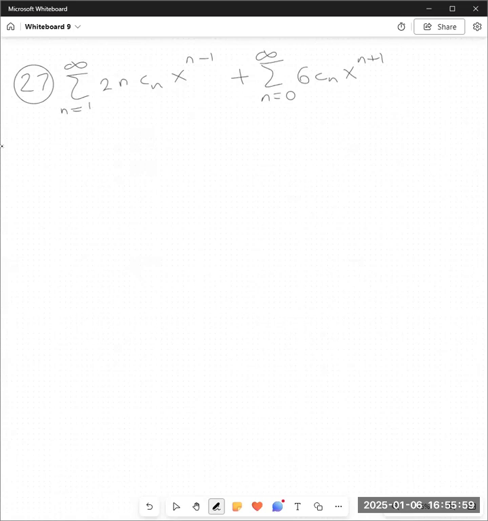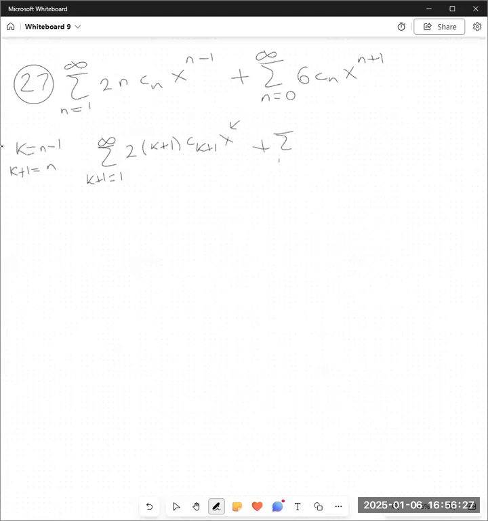Let's go ahead and say k is equal to n minus 1 on the left-hand side over here, making k plus 1 equal to n. So in this one, I'll do my substitution here first. The sum from k plus 1 equals 1 to infinity of 2(k plus 1) c_(k plus 1) x to the k.